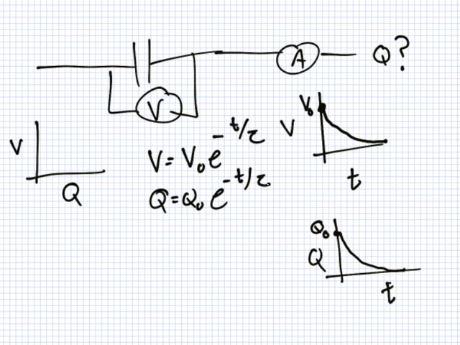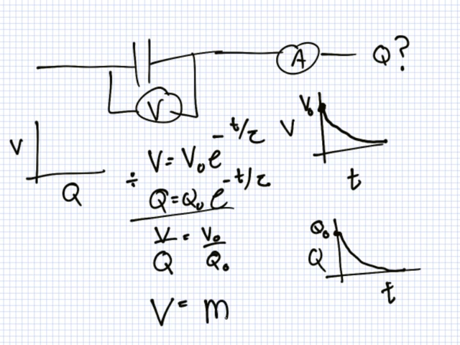True? If I divide these, I get V over Q equals V0 over Q0. So I can get V equals, I'll call this a constant because it's V0 over Q0, so I'll call that M times Q. So it's like y equals mx, so this graph will be a straight line.